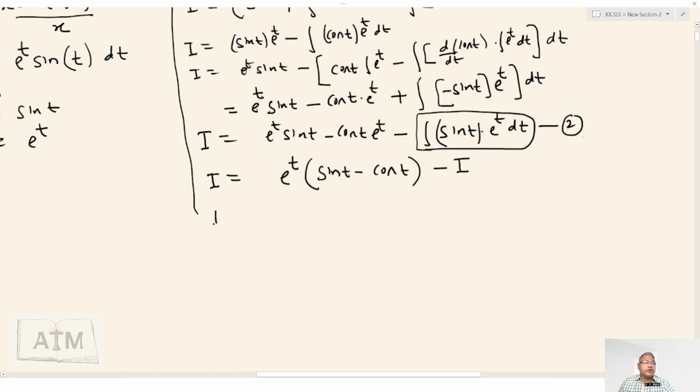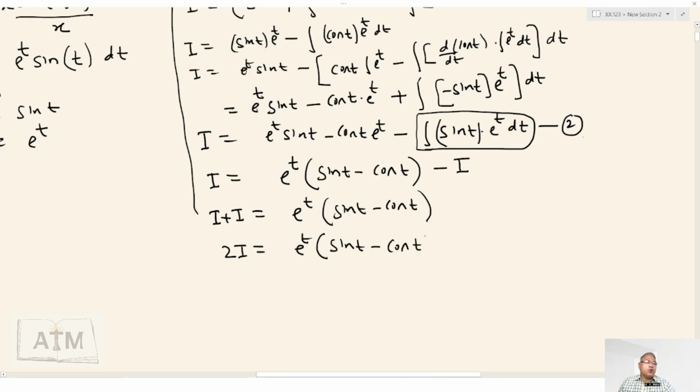So this I can be brought to the left side, 2I equals e raised to t (sin t minus cos t). I equals e raised to t upon 2 times (sin t minus cos t).